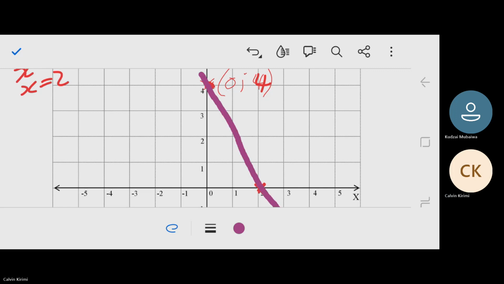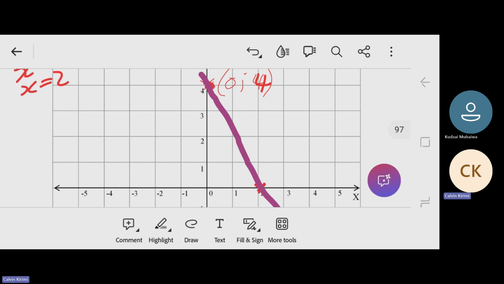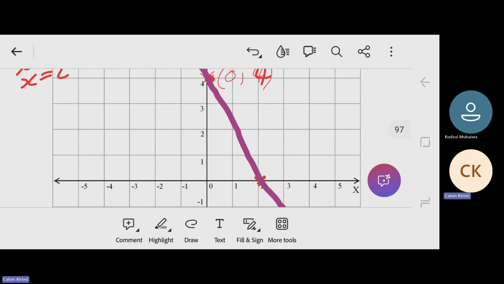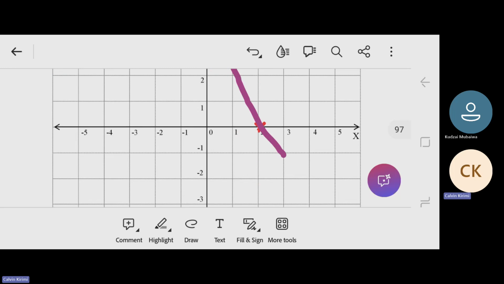Can you see? Yes, sir. Then the line must be straight.